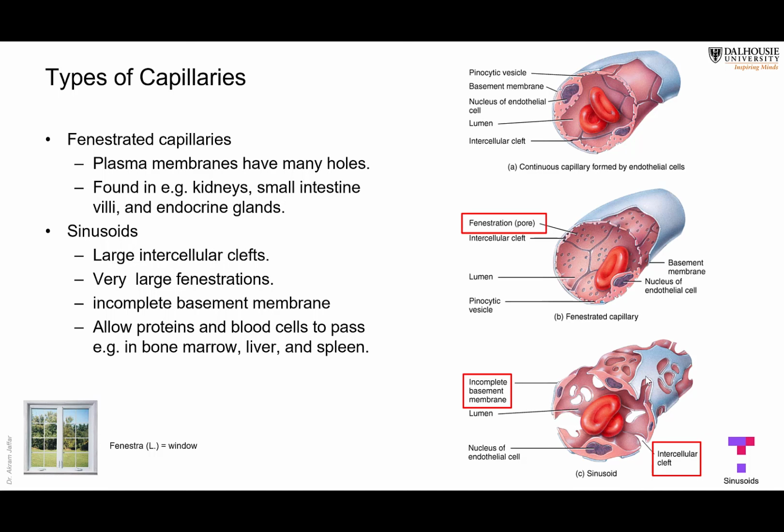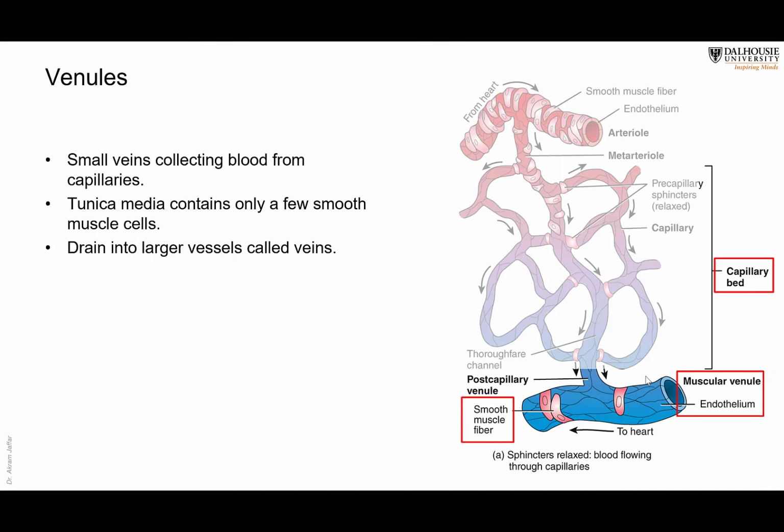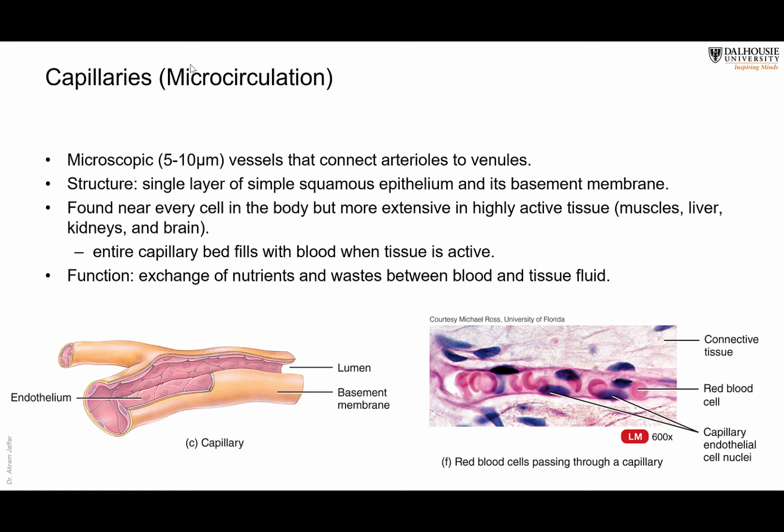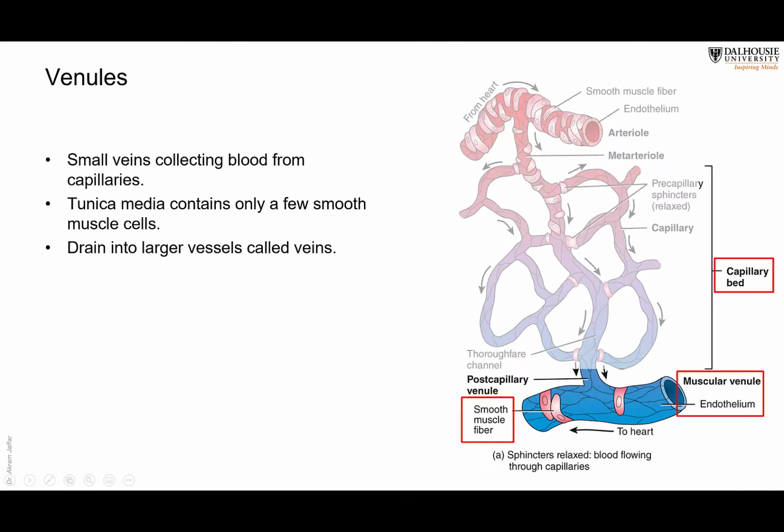So essentially there are 3 types of capillaries. Here again I want to emphasize that the thin wall of the capillaries, because they are only formed of a single layer of endothelial cells, allows exchange of nutrients and wastes between blood and tissue.